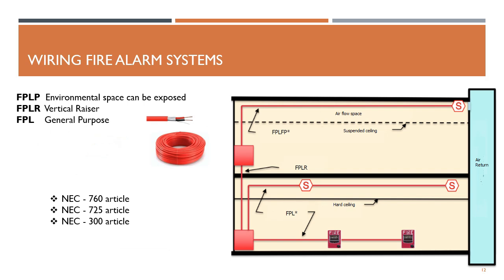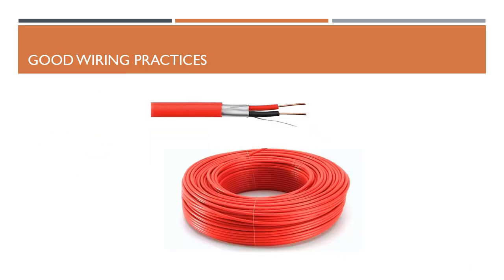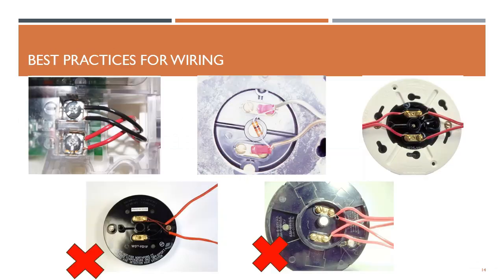In the NEC code, you must refer to Article 760, which refers to everything that is wired, Article 725, everything that is wireless communication, and Article 300, which refers to everything that are areas of risk or explosion or other risk.